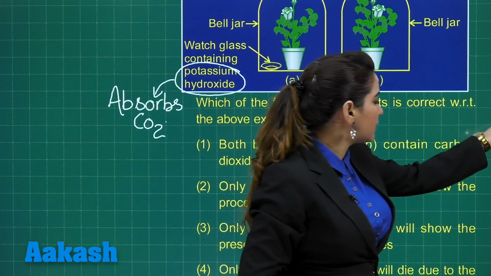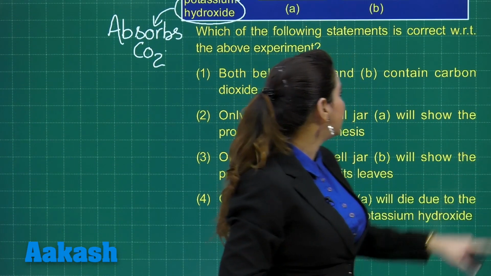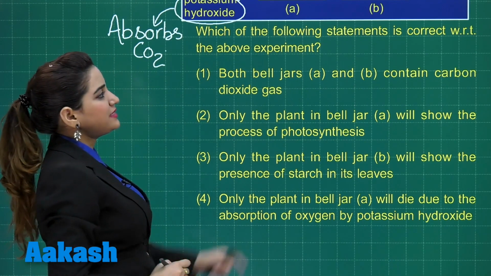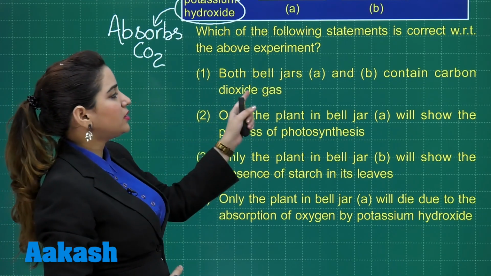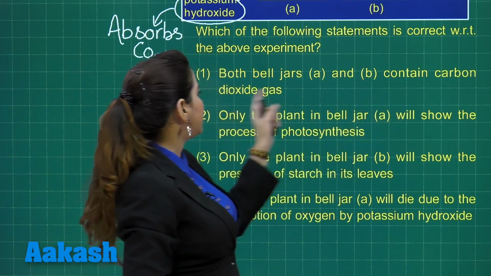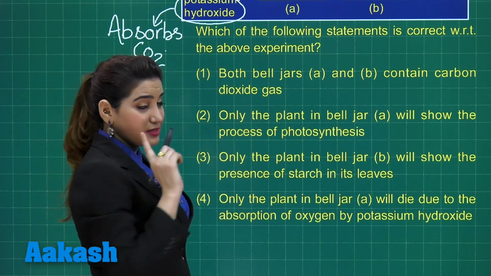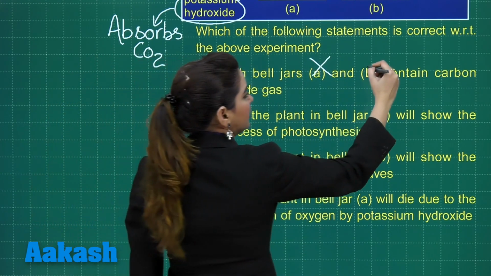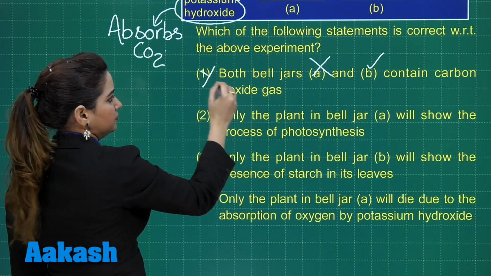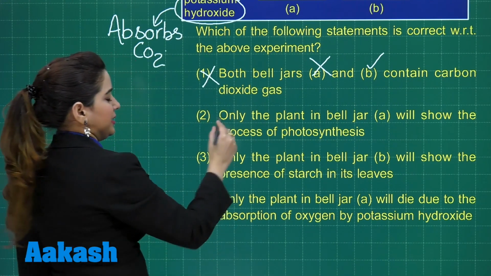Now, let us see what the question is asking us. Which of the following statements is correct with respect to the above experiment? Both the bell jars A and B contain carbon dioxide gas. This is not right because A will not have carbon dioxide, only B is going to have. Therefore, incorrect option.